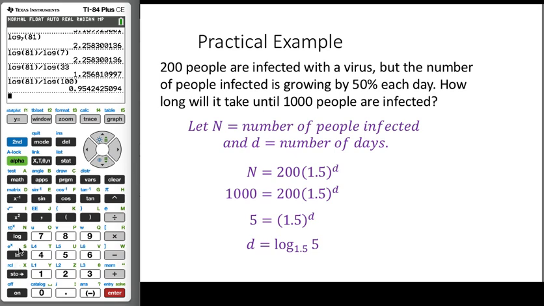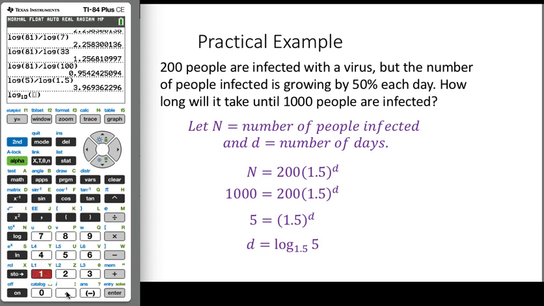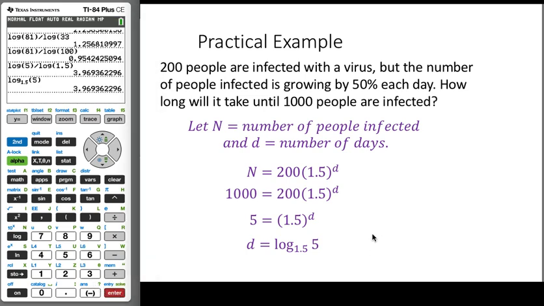Now if I put that in my calculator, log of 5 divided by log 1.5, or again I could use this log base function, log base 1.5 of 5, 3.96. So in approximately 4 days, 1,000 people will be infected.